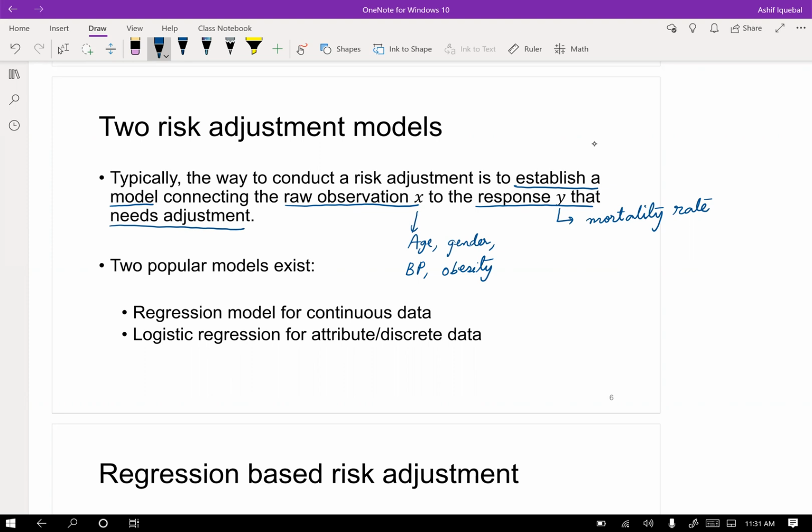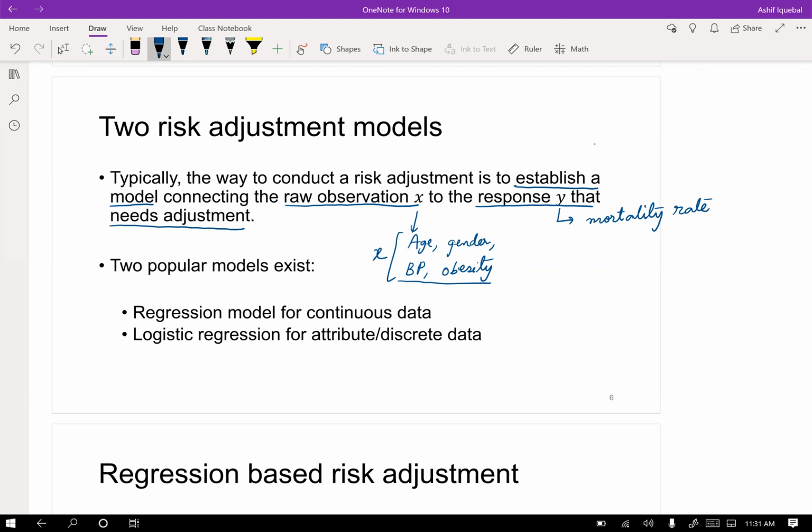So we want to find a model that can connect these raw observations X with the response Y, which is the mortality rate. Because if mortality rate is in reality influenced by age, gender, blood pressure, obesity, then if they're dying, that's not because of the doctor. That's because these patients had a pre-existing condition, right? That's what it means to risk adjust.